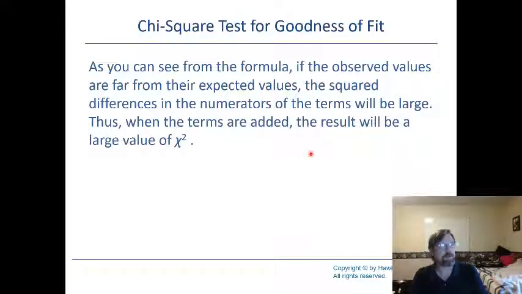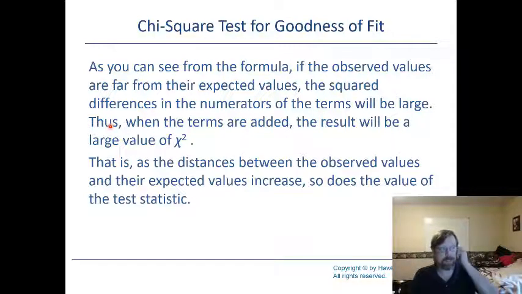If the observed values are quite a ways from the expected values and they're squared, that numerator is going to be large, and it's going to give us a very large value of chi-squared. So as the differences increase, so does the test statistic.